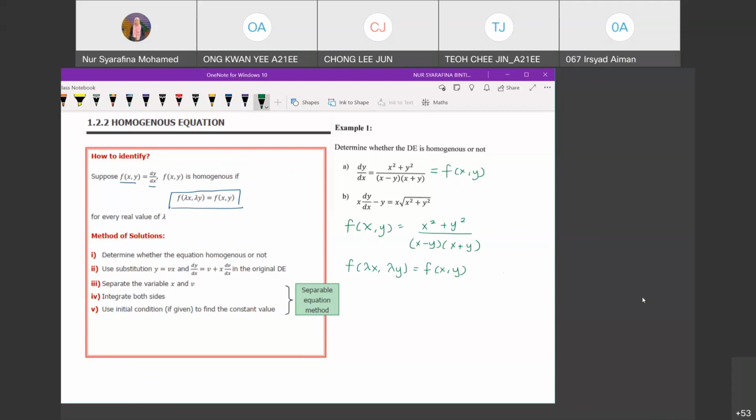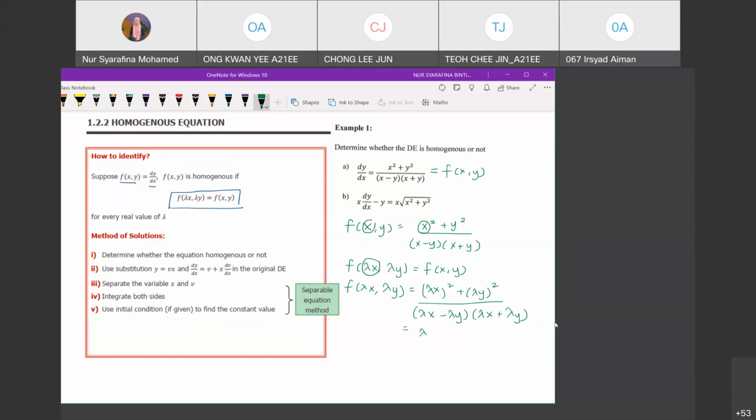So what is f(λx, λy)? You just substitute x with λx, so x squared becomes (λx) squared, y becomes (λy) squared, over (λx minus λy)(λx plus λy). Then you need to simplify so that we can reach f(x,y).